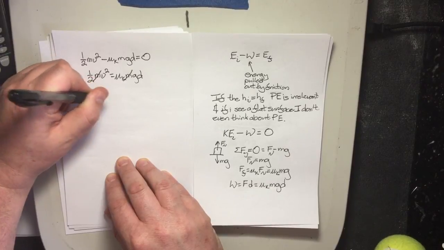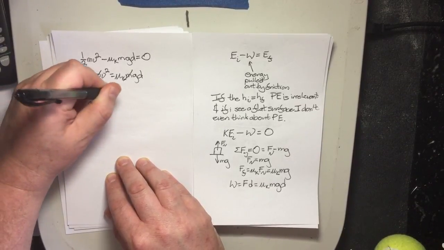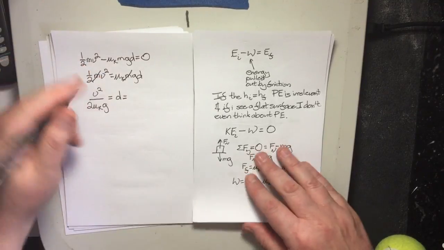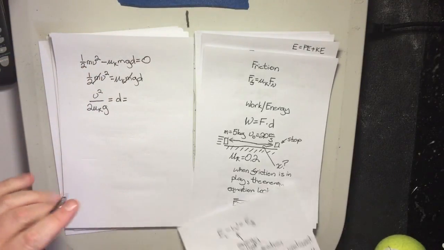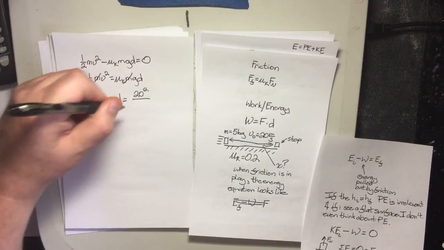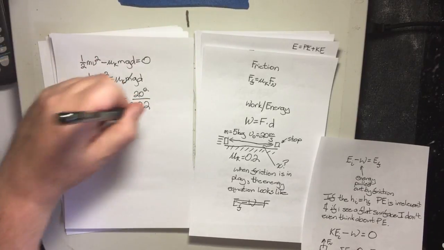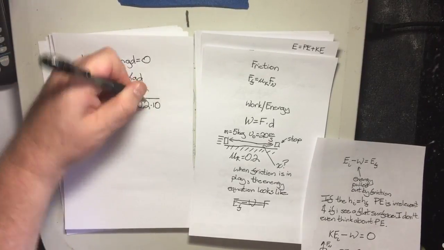So this becomes d equals V squared over 2 mu sub k g. The V was 20. This is 0.2. g is 10.